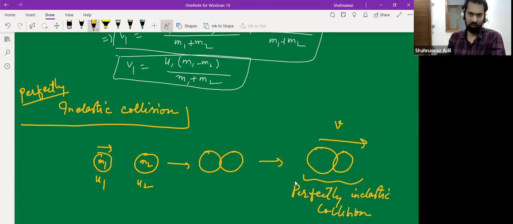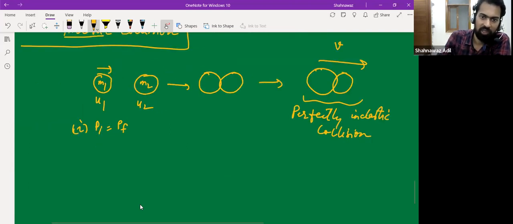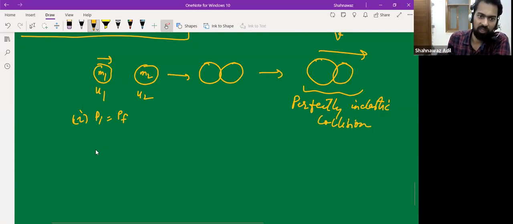Right, guys? So if this is the inelastic collision, you can apply the first conservation, that is momentum will be conserved, right? So if your momentum is conserved, then m1 u1 plus m2 u2 would be (m1 plus m2) into v.